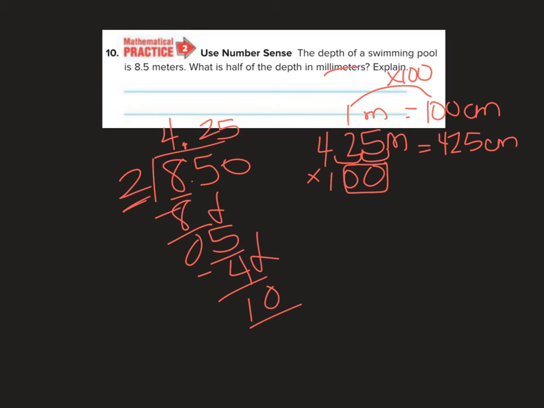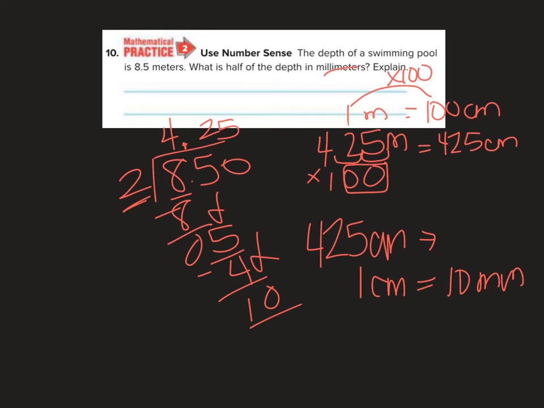So I have 425 centimeters is what I'm working with, and I need to go to millimeters. Well, I know that in 1 centimeter, there is 10 millimeters. How do I go from centimeters to millimeters? I multiply by 10.